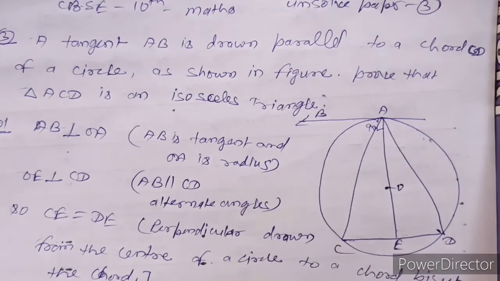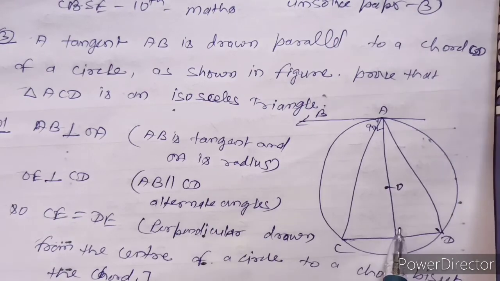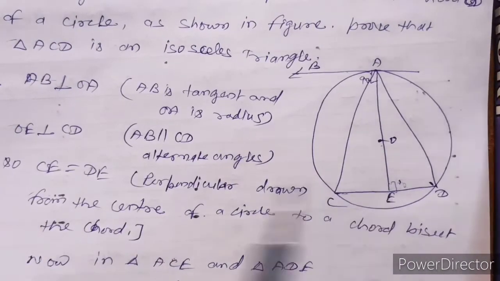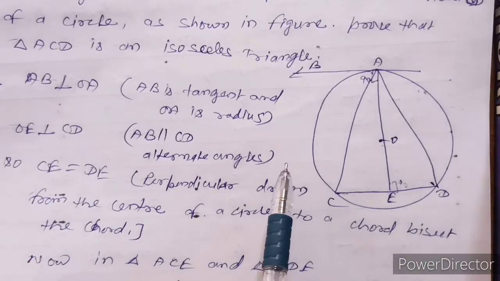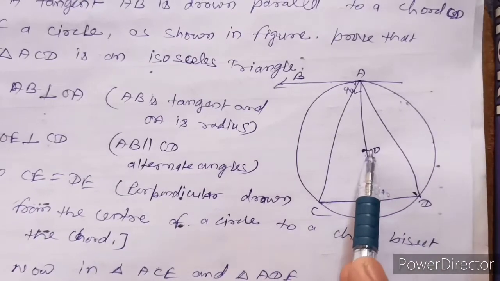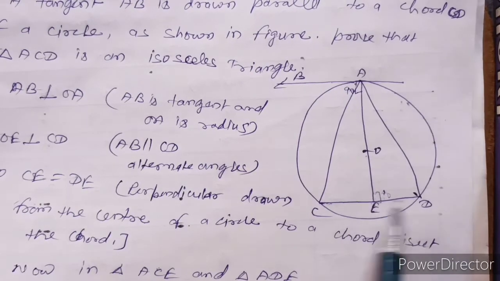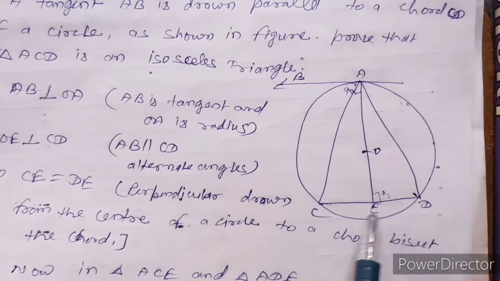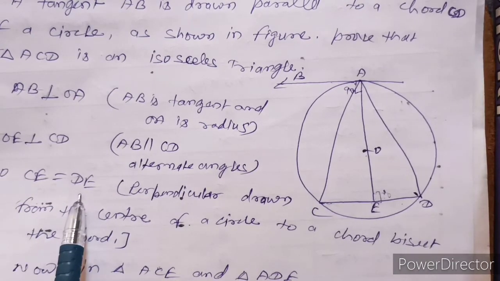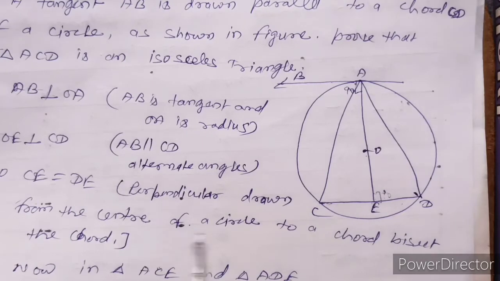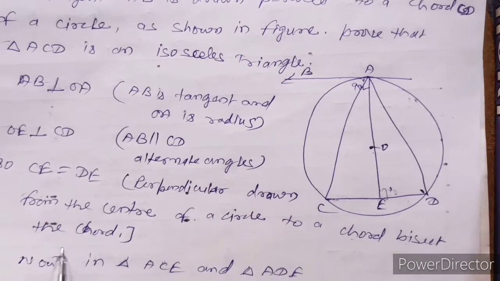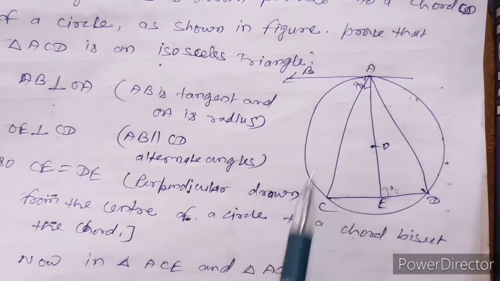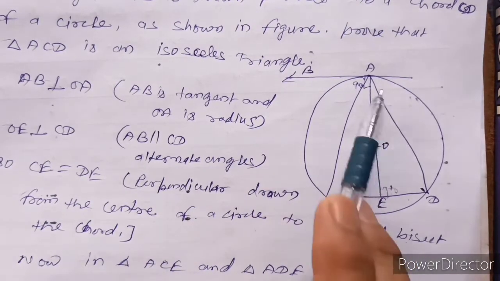CD and AB are parallel, so angle E is 90 degrees, so we can say OE is also perpendicular to CD. A perpendicular drawn from the center to the chord bisects the chord. That means CE equals DE. Now we take two triangles, ACE and ADE.